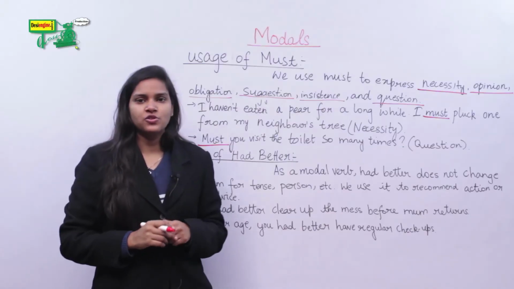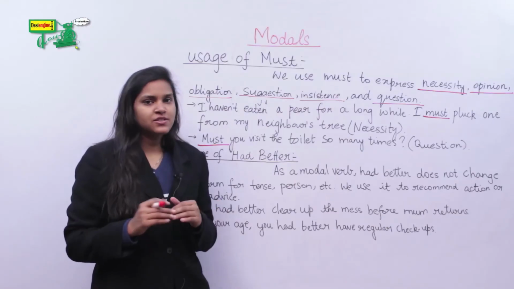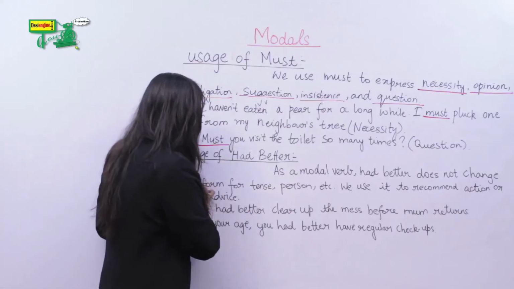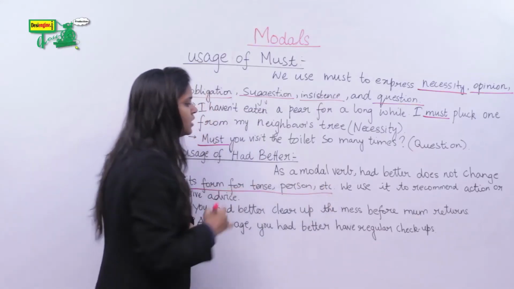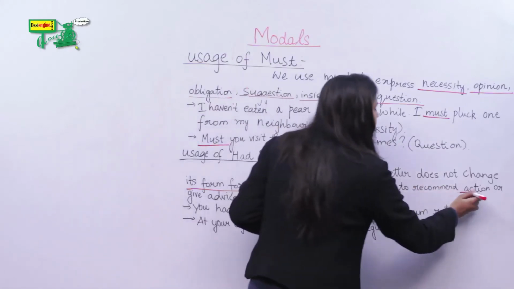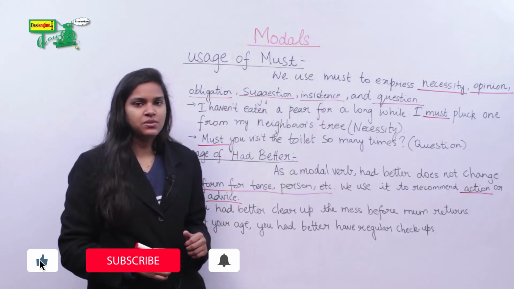Let's talk about the usage of had better now. As a modal verb, had better does not change its form for tense or person. It does not change its form. And we use it to recommend action or give advice. Let's take few examples.